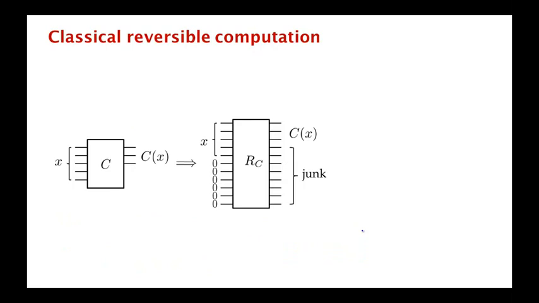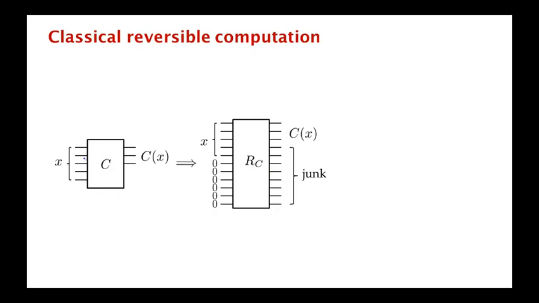Okay, so this is how the construction works. We are given some classical circuit. We want a classical reversible circuit which has exactly the same behavior. So assume that all the gates in here are NAND gates, AND and NOT gates.